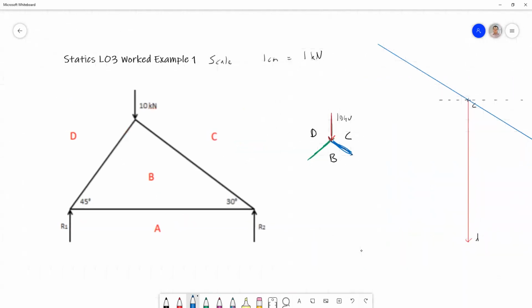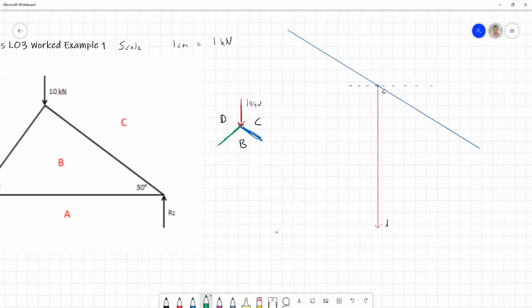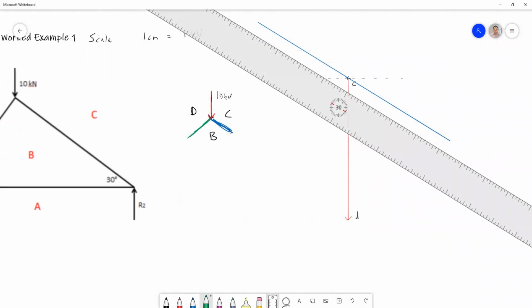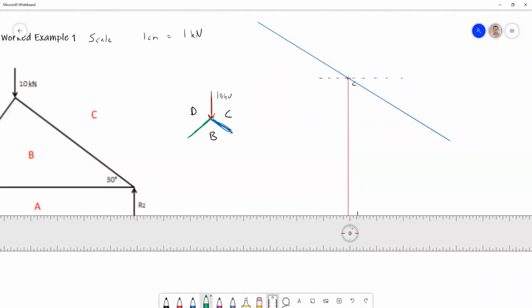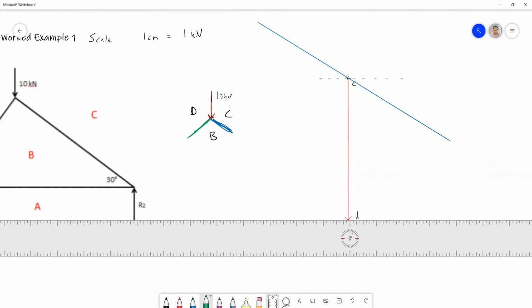And again, we actually have a specific angle to draw in here. We've got this angle of 45 degrees, which means that's the way that this force is pointing up from the horizontal. So again, I'm going to take my ruler and draw a little dashed line to make my measurement of the angle from the dashed line here.